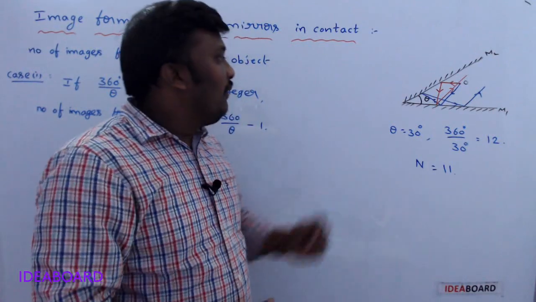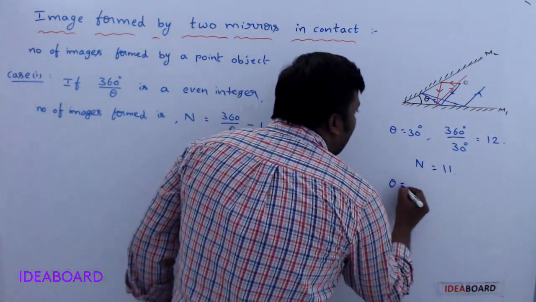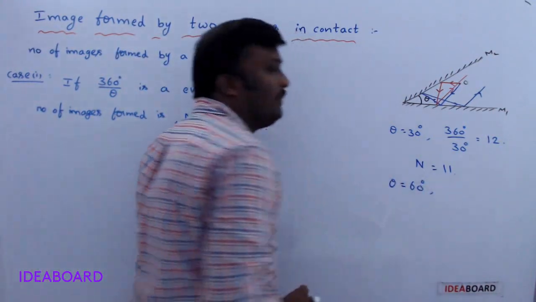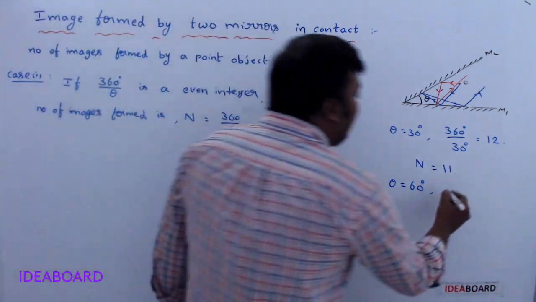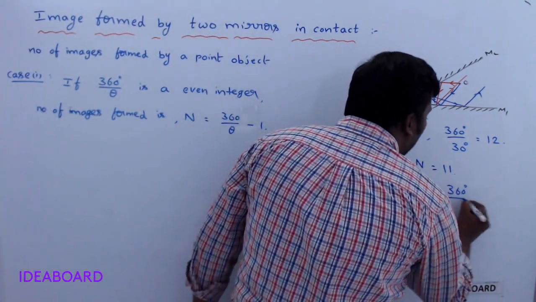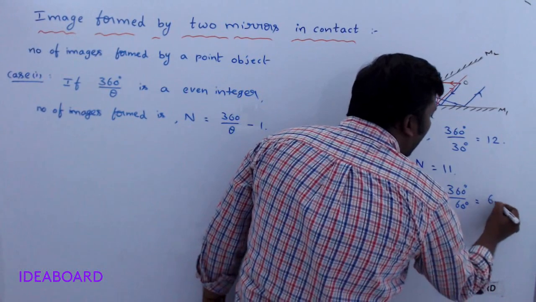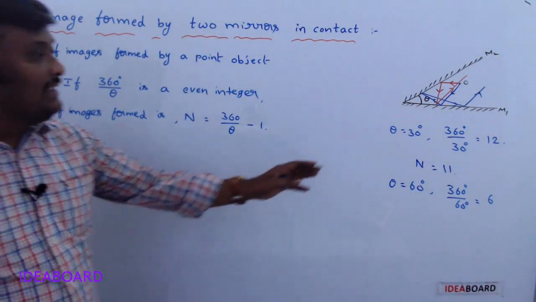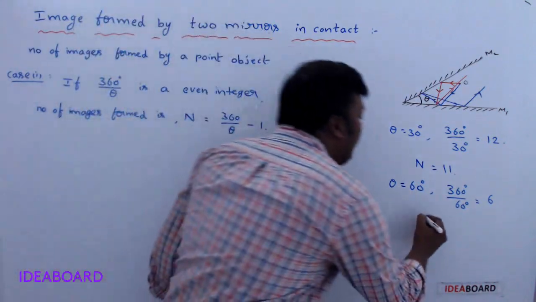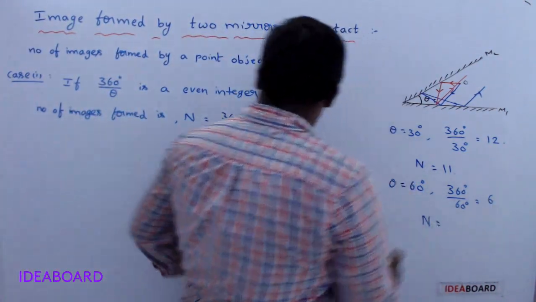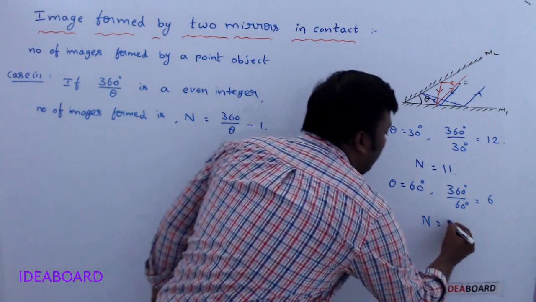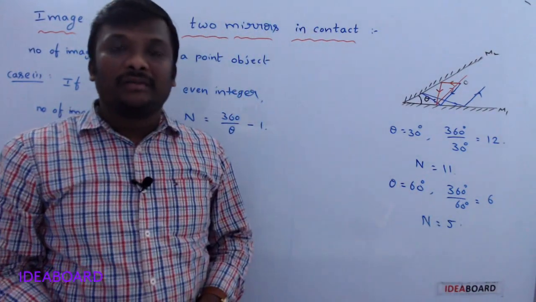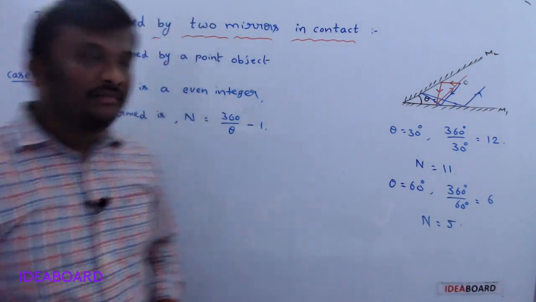Clear? Take one more example. If theta is 60 degrees, then 360 by 60 is 6. 6 is an even integer. So n equals 6 minus 1, 5 images are formed. Is it clear?